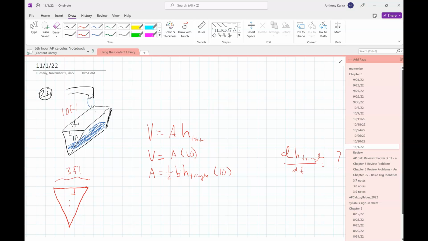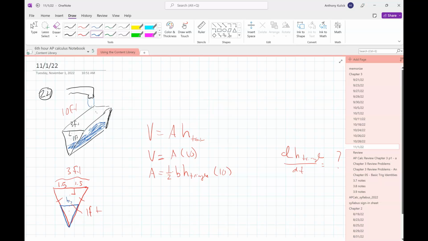So this is, we're told, they're 3 feet across the top. I assume that's what they mean. Since this is an isosceles triangle, I know that those are going to be half, right? And we're told this is 1 foot. And if I do this, that is a similar triangle to the isosceles one, right?